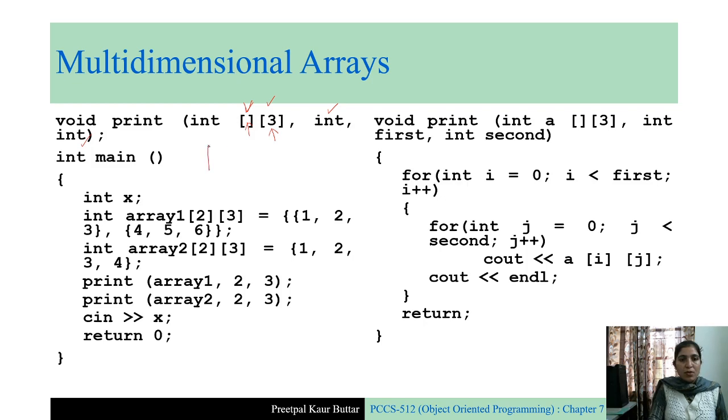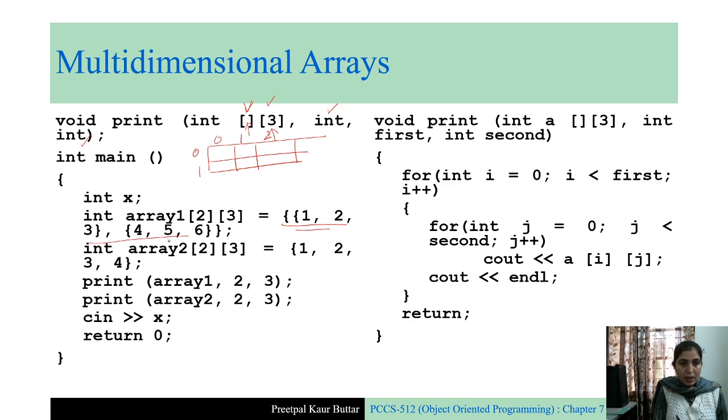So what is the array size? Array size is 2, 3. It has 2 rows, 0 and 1, and 3 columns, 0, 1 and 2. And what are the values here? How can we initialize a multi-dimensional or two-dimensional array using this kind of notation?